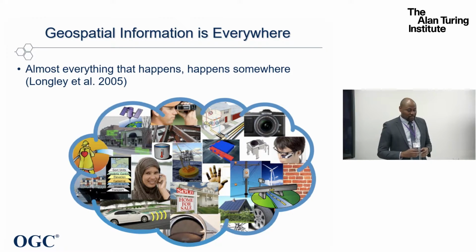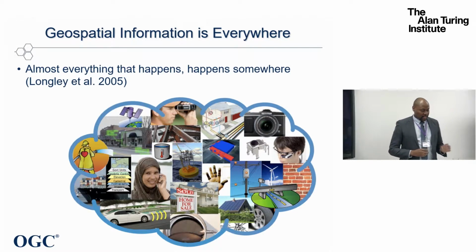Another quote from a book by Longley and his colleagues states that almost everything happens somewhere. So if you think of an event, chances are that event has some form of geographic location. It happens somewhere.